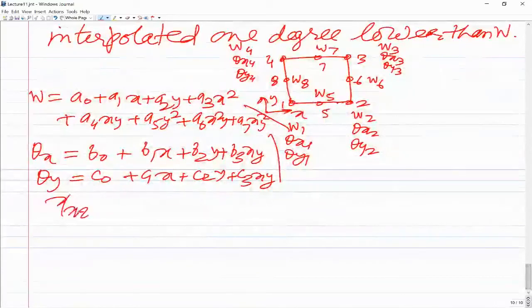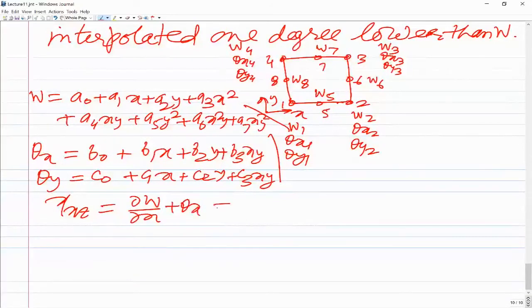So now if we look at gamma xz, which is del w by del x plus theta x, and when you differentiate w with respect to x, you will get a1 plus 2a2x plus a4y plus 2a6xy plus a7y square.